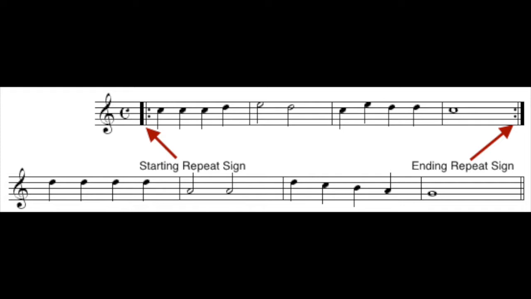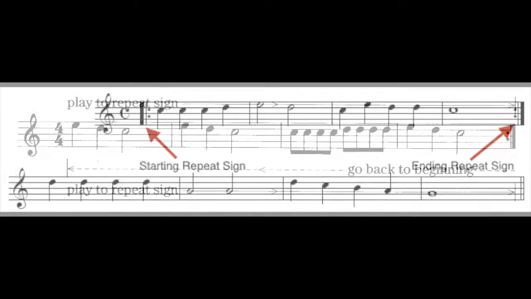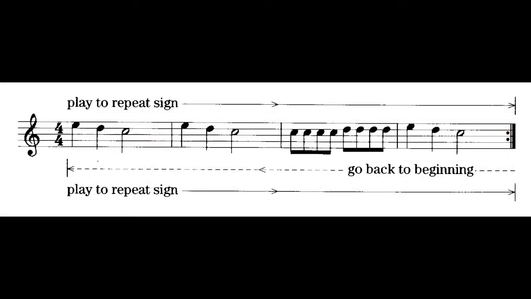To clarify, this only happens one time unless mentioned otherwise on the music. After playing this section the second time around, you will simply continue past the end repeat sign and go on with the chart. In the case where there is no starting repeat sign, the general rule of thumb is to go back to the beginning or any earlier starting repeat you might see.